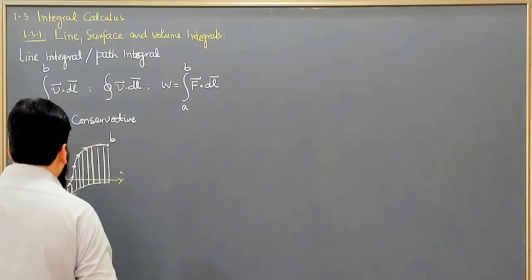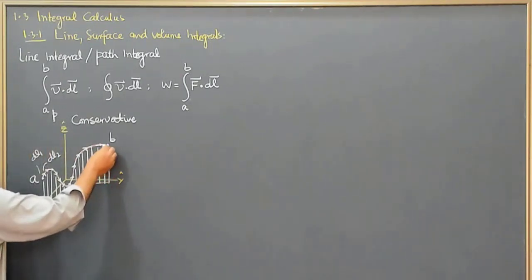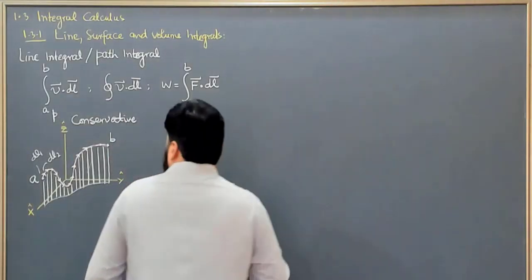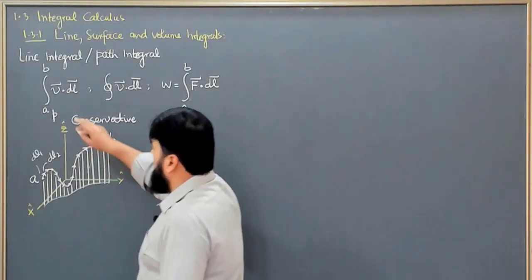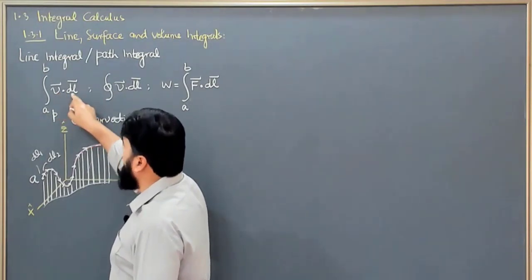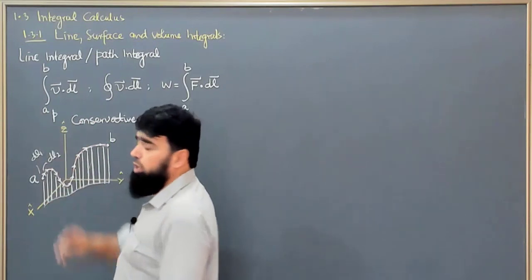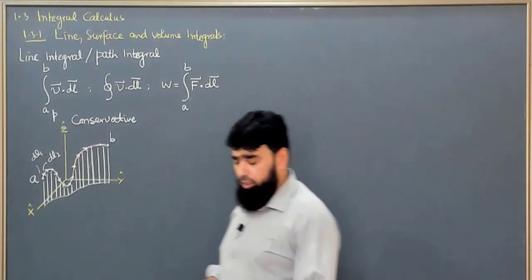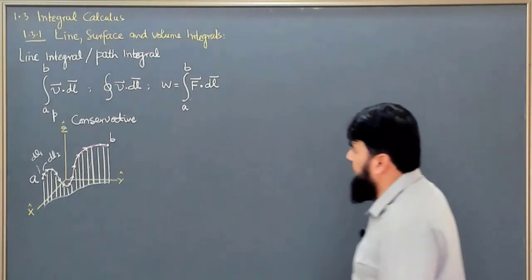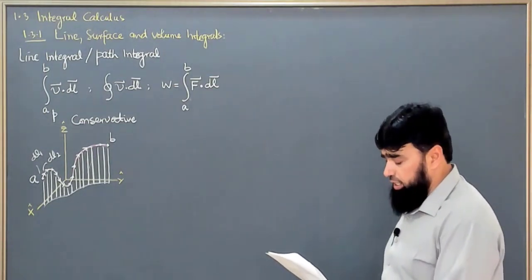So this covers all the area, meaning the area covered under this function. And that's the beauty of the dot product. As these are two vectors, we cannot write them without the dot product. So this way, this gives us the line or path integral.